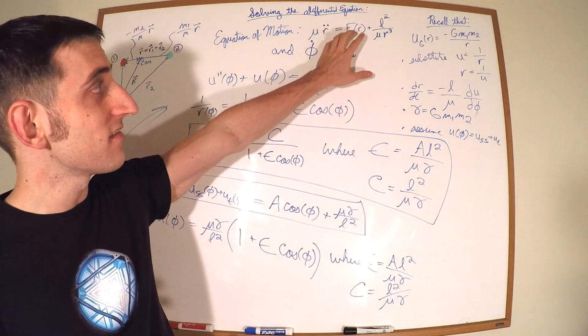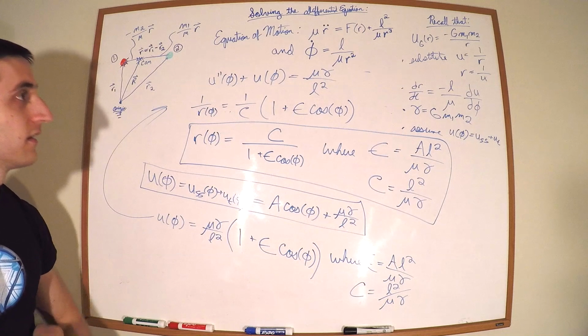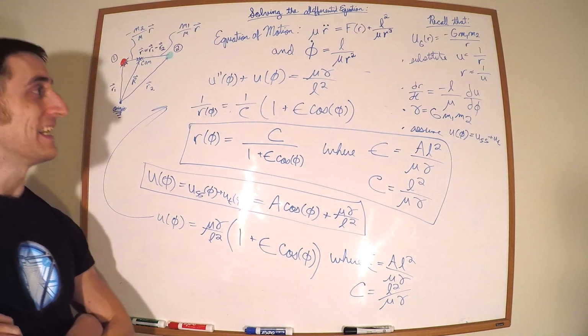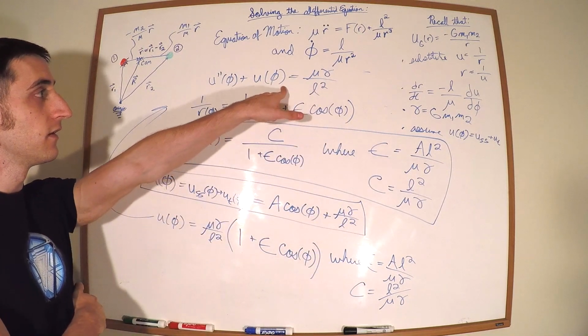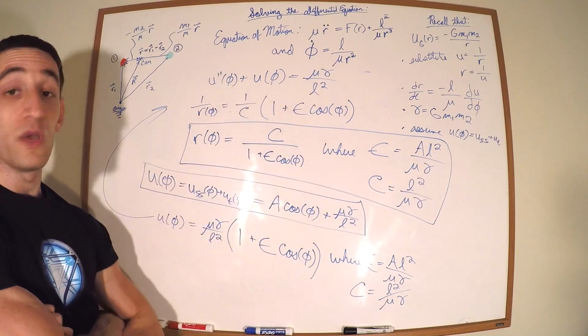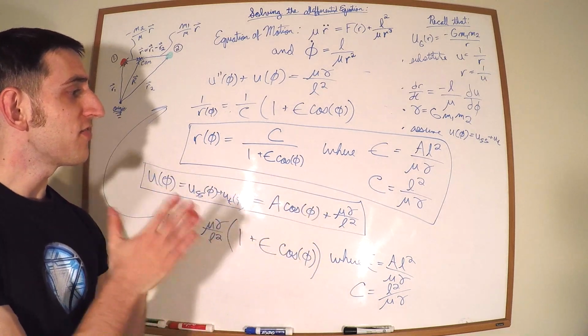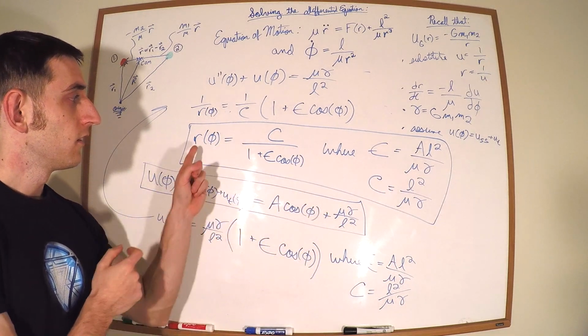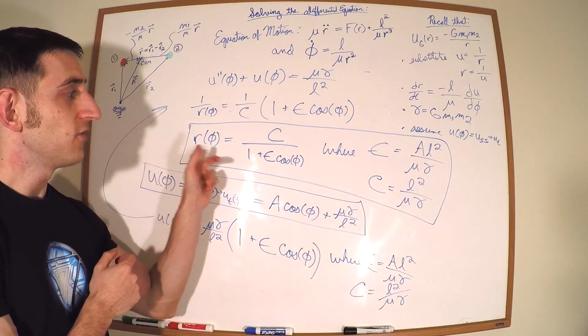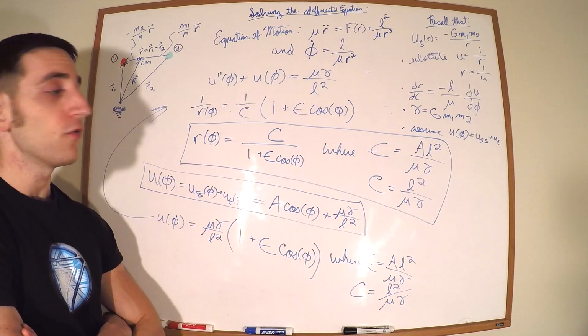It allowed us to take this nasty ODE and convert it into an ordinary differential equation that we can solve. That's awesome. But you're probably thinking, we got this guy. I don't know what it means. What do we figure out? What are the orbits going to look like?